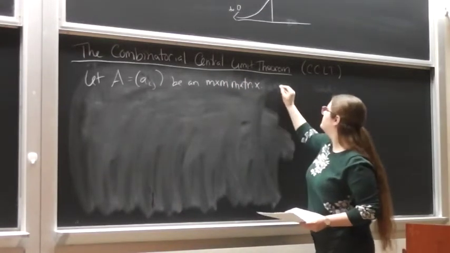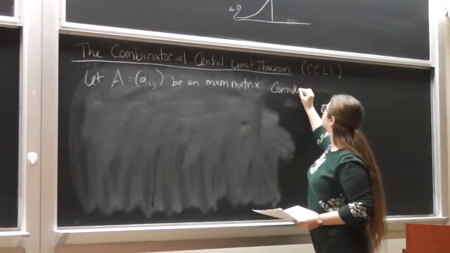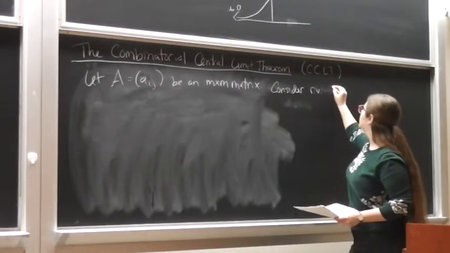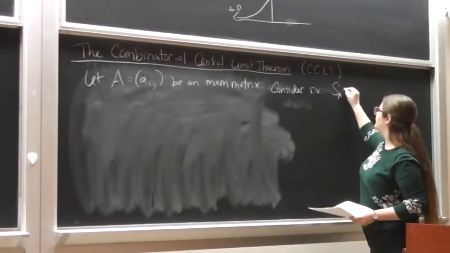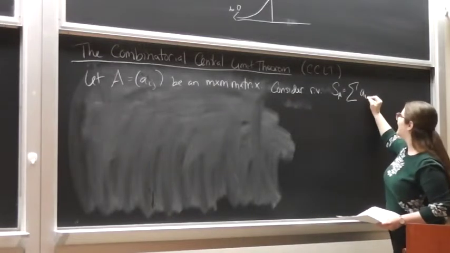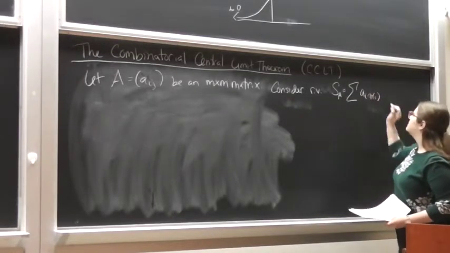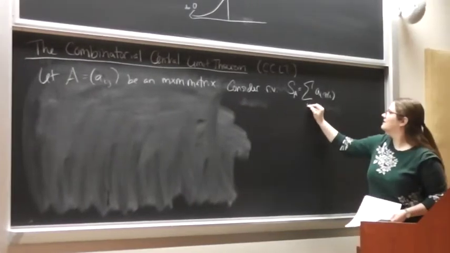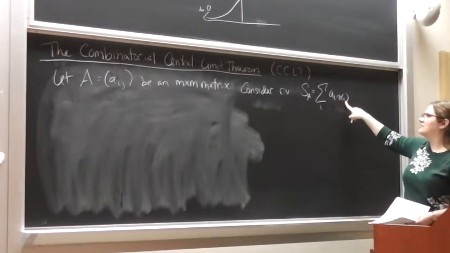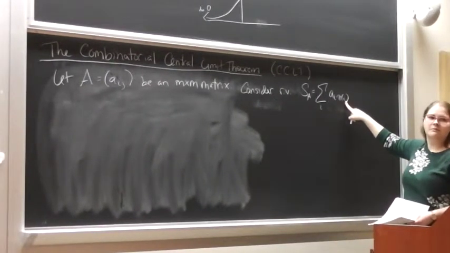And our random variable is going to be denoted S sub A, and that's when you look at a random diagonal of this matrix. So when you compute determinants, you look at products of things like this, and then you add them up with pluses and minuses.